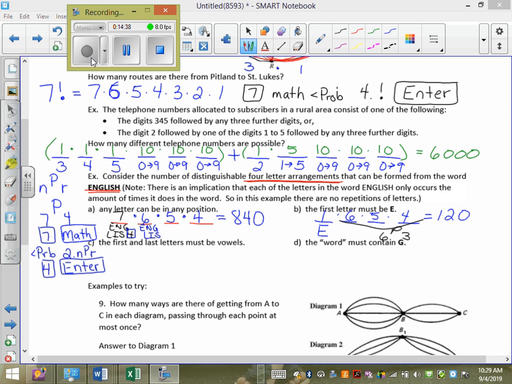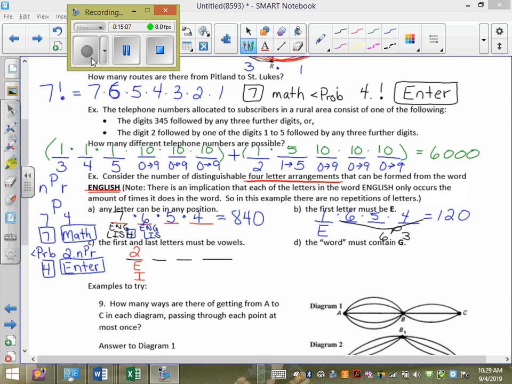Okay, this one says the first and last letters must be vowels. 1, 2, 3, 4. How many vowels are in the word English? 2. So we have to start at the first or the last, because that's where our restrictions lie. I can have the option of E or I here. We agree? Which is 2. But what do I have to do whenever it's a word?